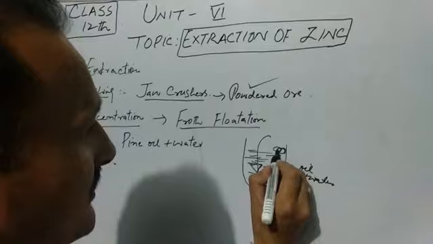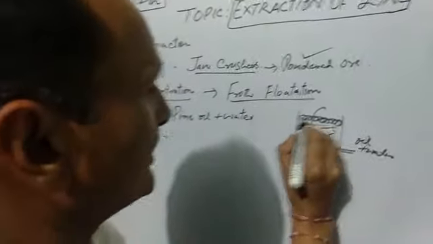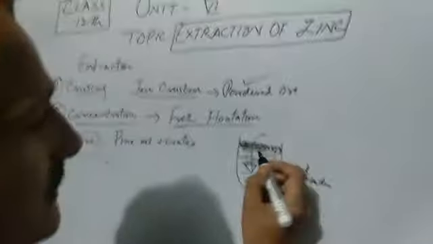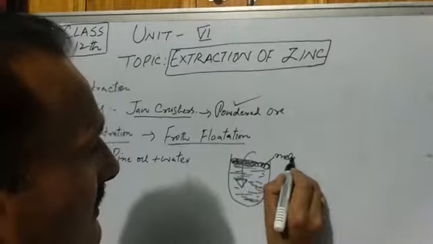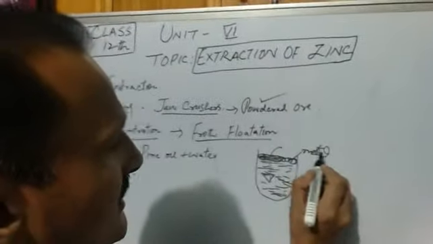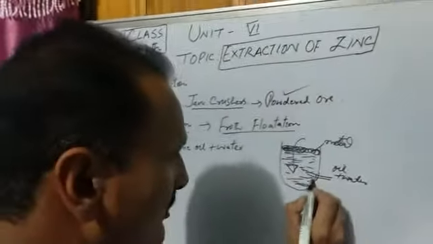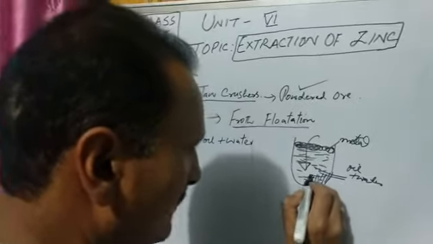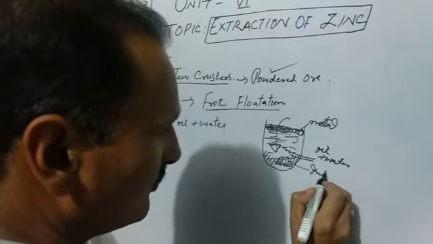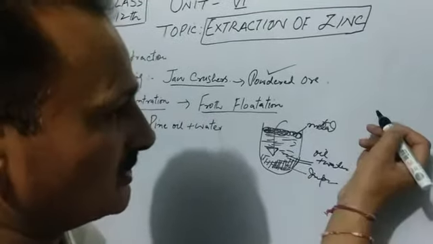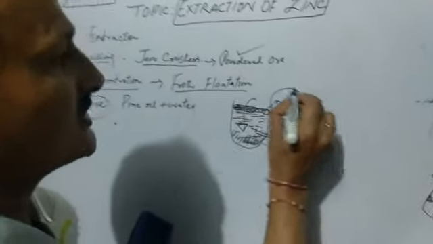A froth is formed. That is why the process is known as froth flotation process. Froth floats on the surface, and this froth contains the metal that is zinc, though not pure. While your impurities, they are heavier, they settle down at the bottom. So we remove this froth, we just wash it and get the concentrated ore.